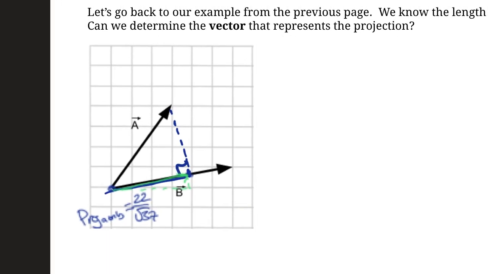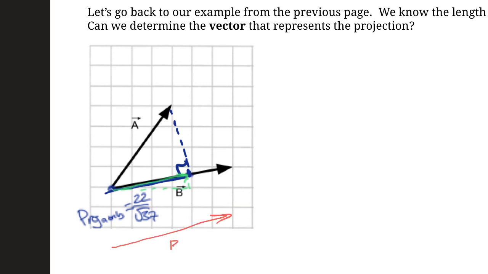Vector B has a certain length, right? We don't know. It could be longer than the projection, it could be shorter than the projection, but it has a certain length. This is a bit of a problem because what we essentially want to do is scale down this big vector B here. Let me just copy it out. So it's going to look like this.